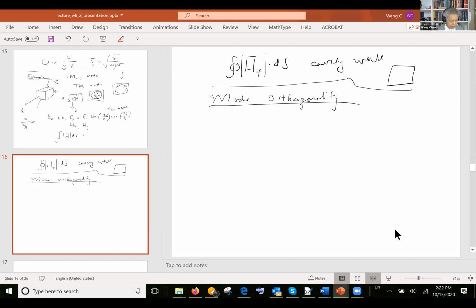I'd like to talk about mode orthogonality. This is important. You often find that all the modes of a waveguide are orthogonal to each other. As I said before, a waveguide problem is actually an eigenvalue problem.